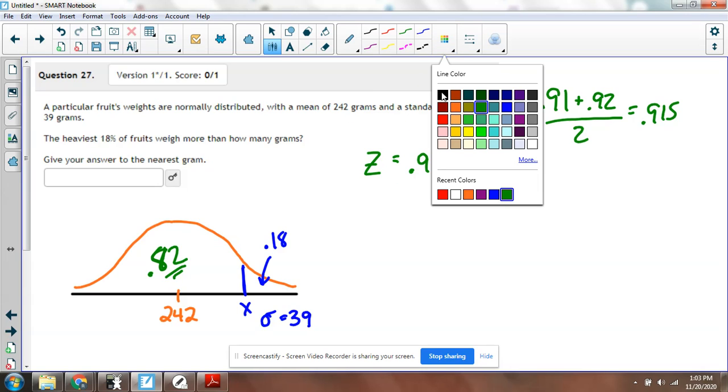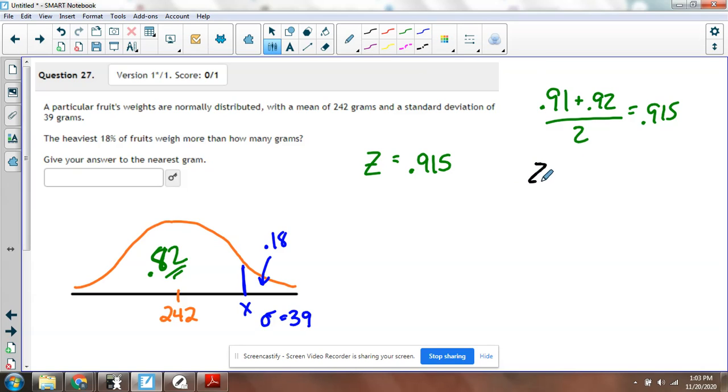So we're going to use the formula, which we said before was Z equals X minus mu, divided by sigma. I know Z, I know mu, I know sigma. Now I can find X. So I have 0.915 equals the X value I'm looking for minus the mu, 242, divided by sigma, which is 39.